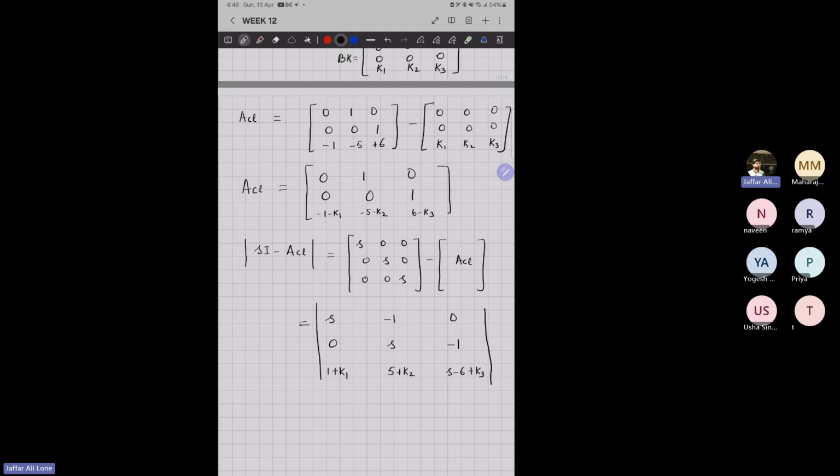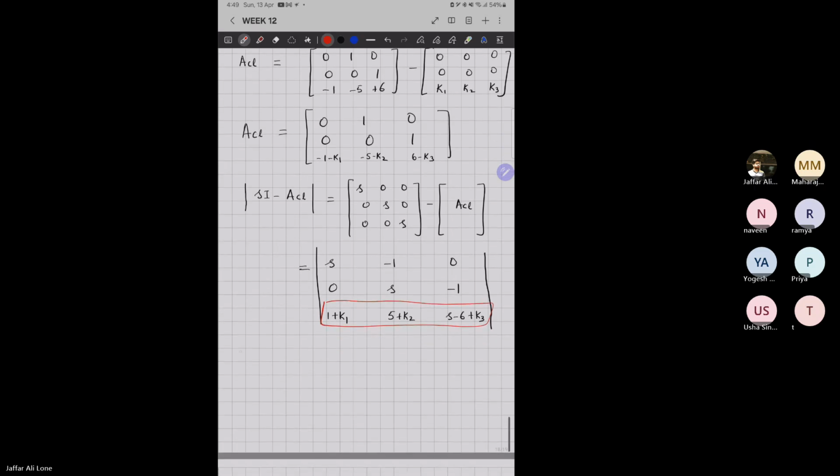So this is the matrix. And for this matrix, you have to find the determinant. So can anybody tell me how to find the determinant? There are many ways. You can evaluate using any row, but the simplest one would be to evaluate from this row, right? So find the determinant.